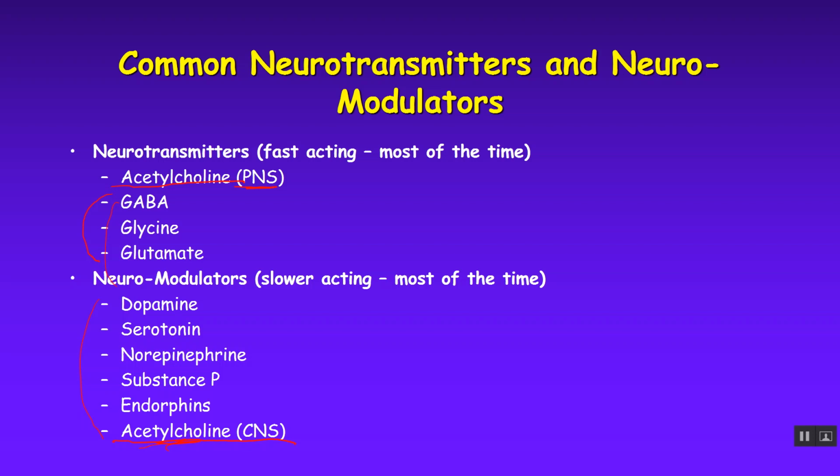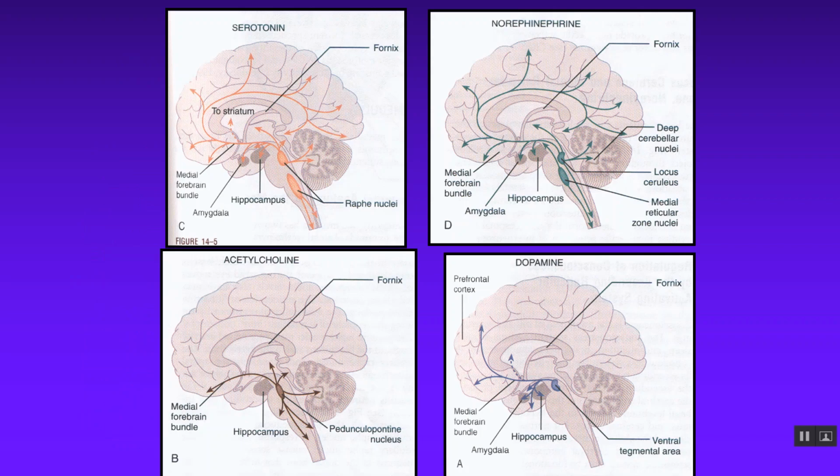Slower acting most of the time, G protein mediated. This picture here is showing you neuromodulators, the big ones: serotonin, norepinephrine, acetylcholine, and dopamine. And the only thing I want you to appreciate here is that neuromodulators tend to affect larger networks of neurons.